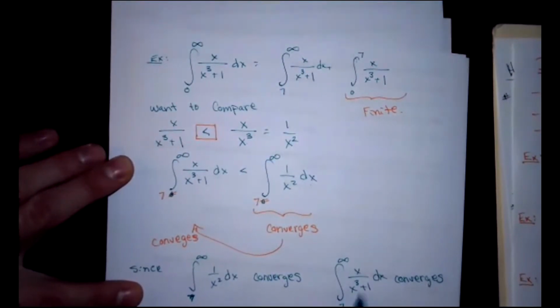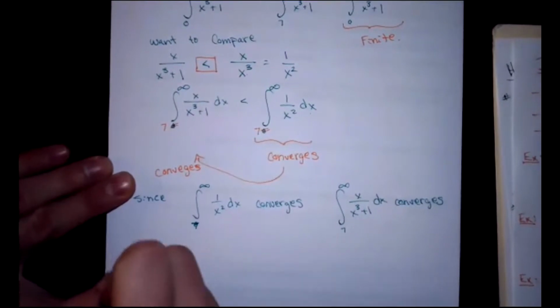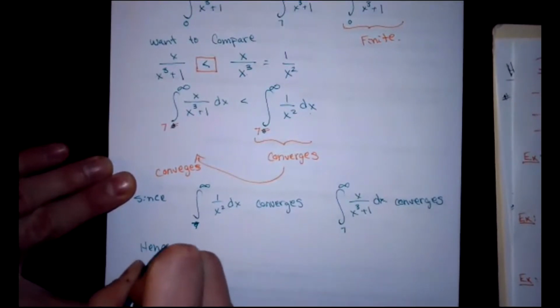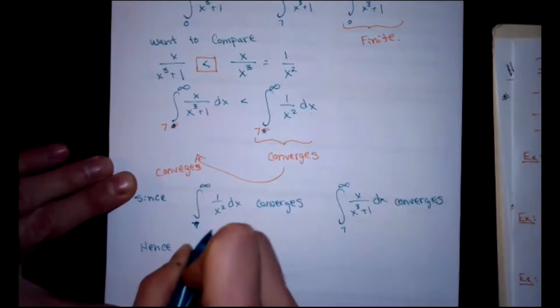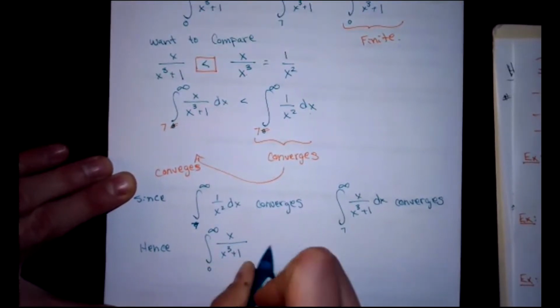And of course, since this guy was just finite, adding on a finite number to something that converges, which means it's a finite number, adding 2 finite numbers will give me a finite number. So we could say, hence, the integral from 0 to infinity of x over x cubed plus 1 converges.